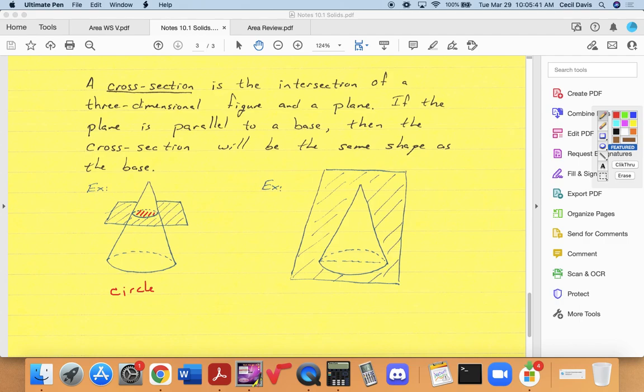What would the cross section of this one be if I sliced, instead of horizontally, through the vertex down to the base? It'd be a triangle.